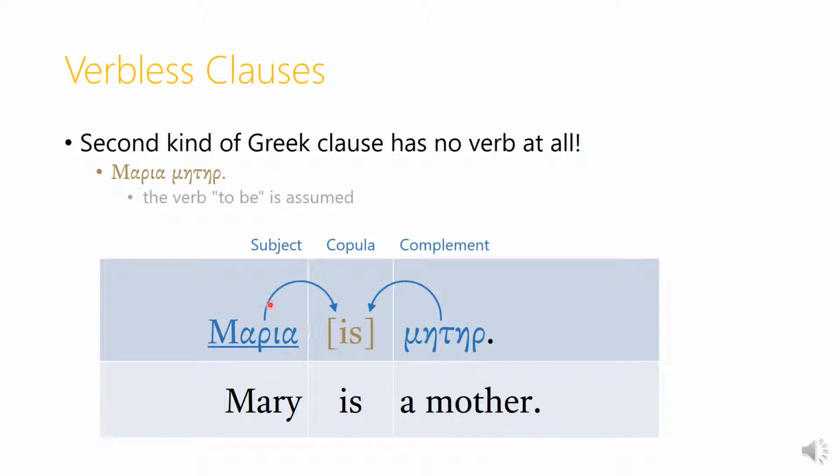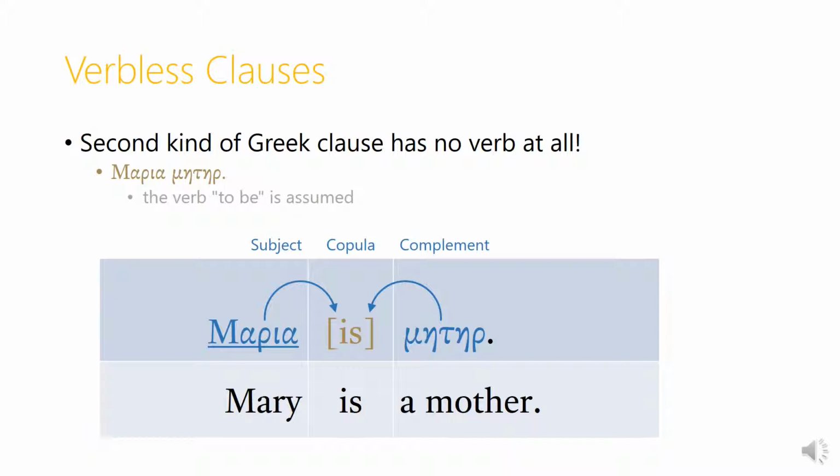So both the subject and the complement in a verbless clause are in the nominative case. That means that we have to decide from context which one is the subject and which one is the complement. Is this sentence Maria Mater saying Maria is a mother, or is it saying mother is Maria?